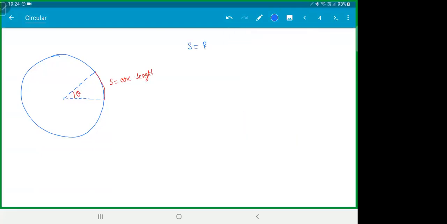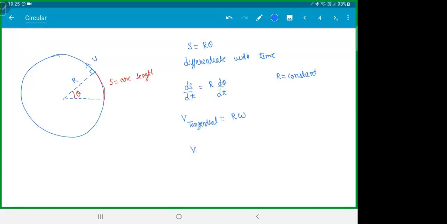We know S is equal to R theta, and if you differentiate this on both sides, we have a particle going in a circle with radius R. We get ds by dt is equal to R d theta by dt, assuming R is constant. This ds by dt is the tangential velocity, so V tangential is equal to R into omega. The vector form V tangential is given by omega cross R bar.